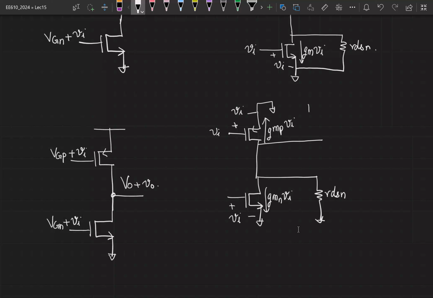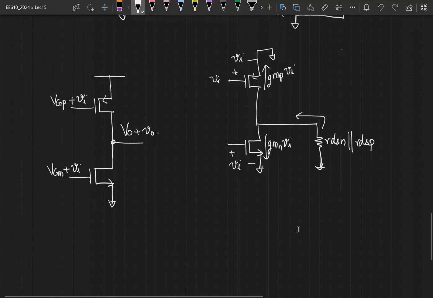And the resistance associated with this is RDSP. Right? Clearly, RDSN is parallel to RDSP, so I'll just show it like this. And what is the total current getting pulled out of this? If it's not very clear, I can sketch it like this also.